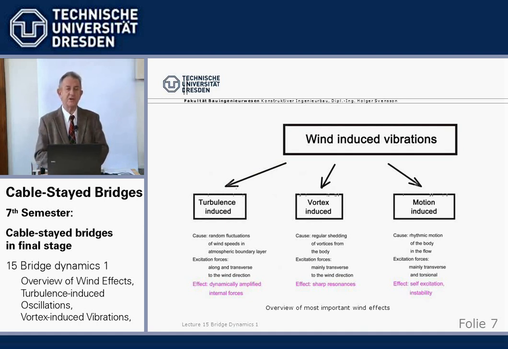Now, turbulence-induced comes from random fluctuations of wind and wind speeds, just gusts, which cause the bridge to move if they hit in the right moment.